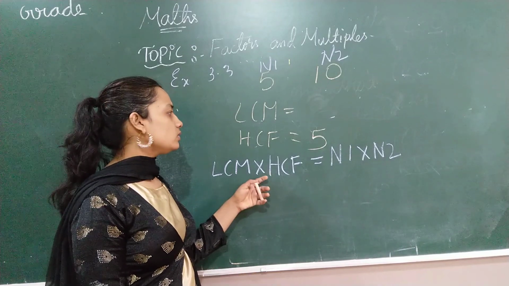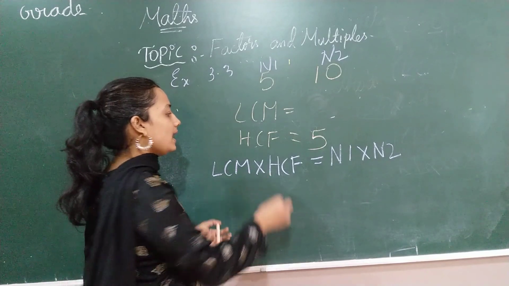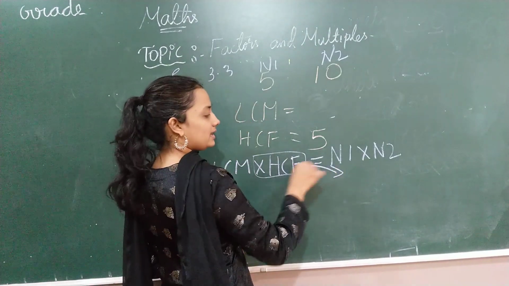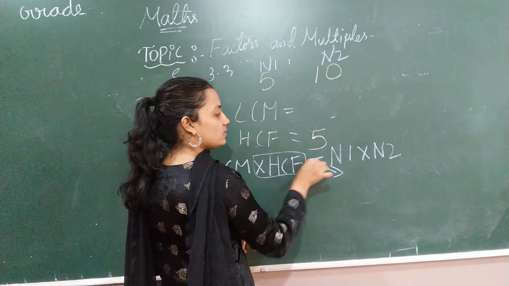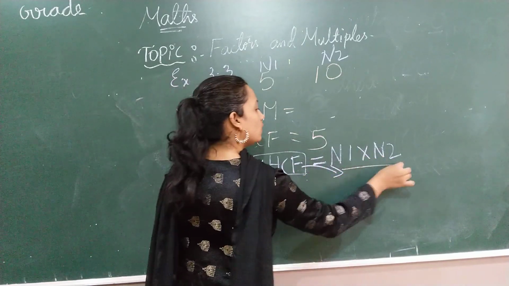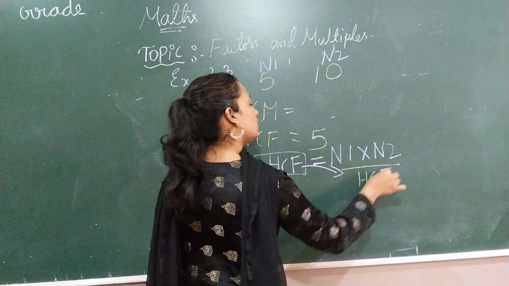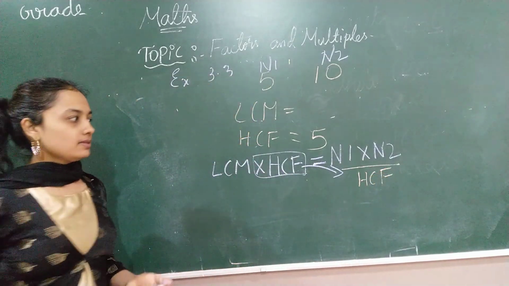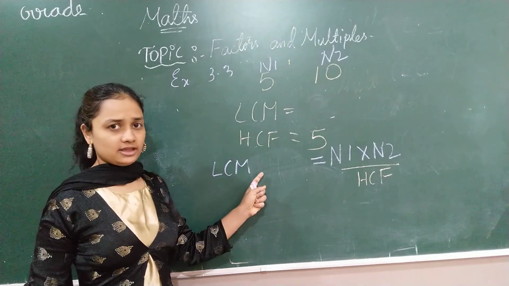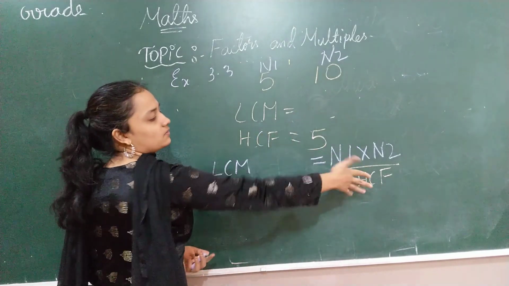Okay, so if I don't know the LCM, what do I do? I take my HCF and send it to the other side of the equals to. When I send HCF to the other side, it will go to the denominator. See, I want to find the LCM here, so only I sent HCF down there.